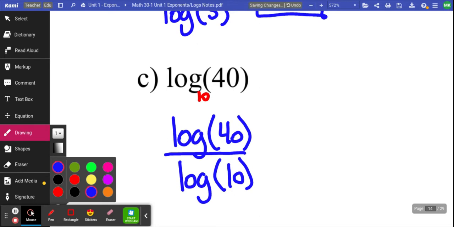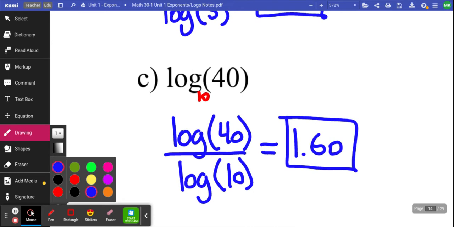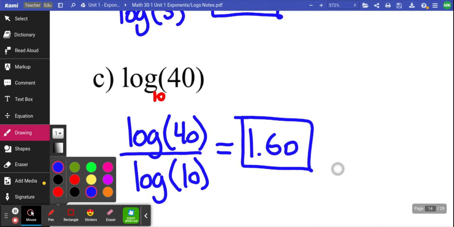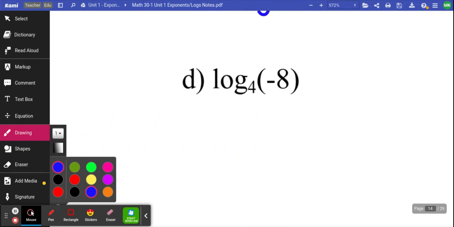That technically works, because you're doing the same base, so it's fine. You throw it in your calculator, it's the exact same thing as just saying log of 40, which should be 1.60. I see little purpose of taking something that's already base 10 and then changing it to log base 10. I mean, you could do it.